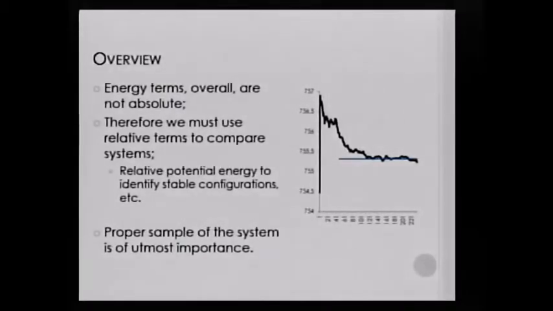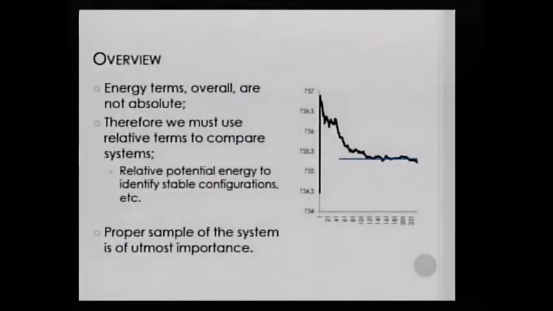Overall, when you have simulations, since you're dealing with a numerical method, the values are not physical. They are not absolute. So what we need to do is always use relative terms to compare systems. You compare the potential energy of different configurations per unit species or per atom.